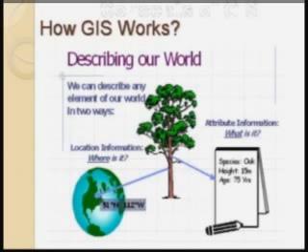Attribute or non-spatial information can be anything: it can be 3, 10, or 100. This can be built into your database system, and the spatial information is built into GIS software, like ArcGIS, and we are also talking about Quantum GIS. There are so many software packages, which I'll come to later.